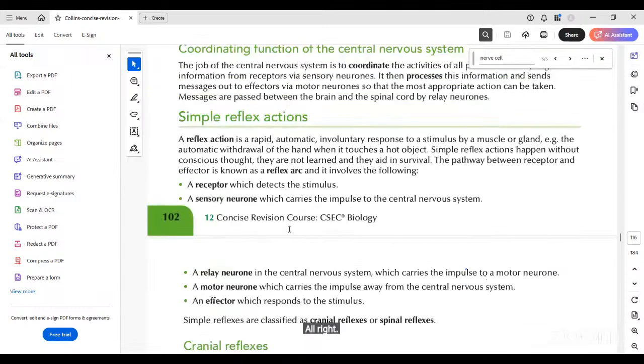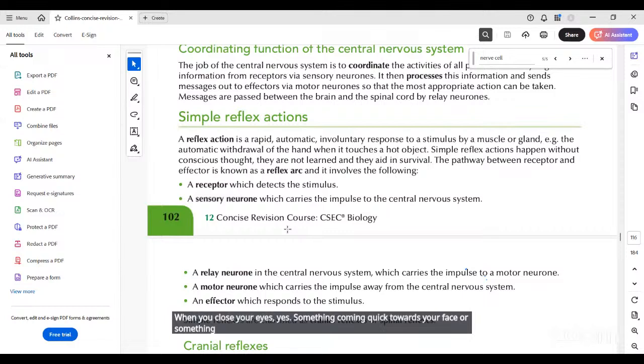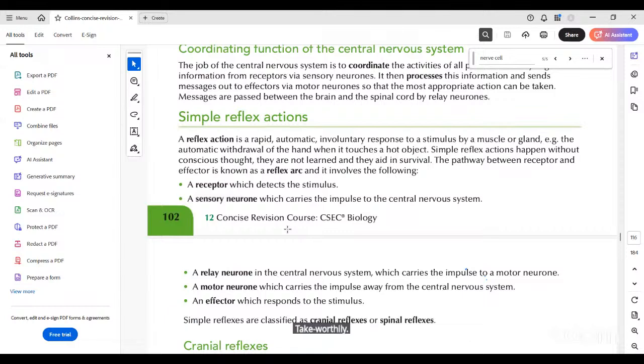What's another example of a reflex action? Sir, I think I said it earlier when I mentioned the eye thing. When you close your eyes. Yes, in response to what stimulus? Something coming quick towards your face or something like that. Think about it. What makes you close your eyes immediately?